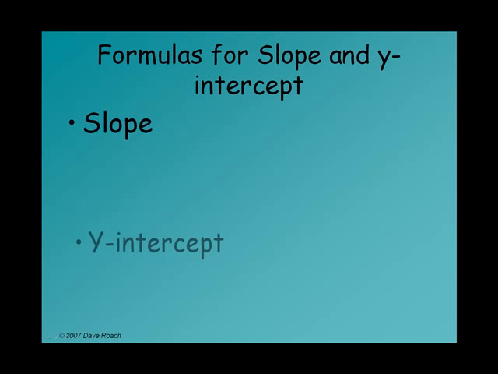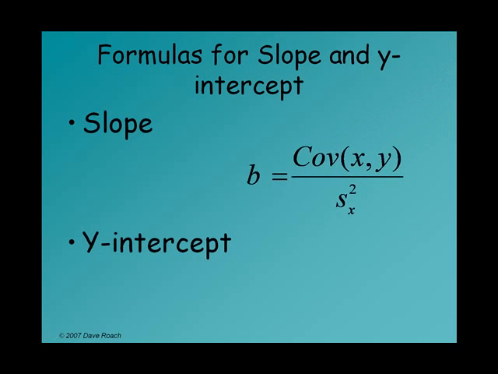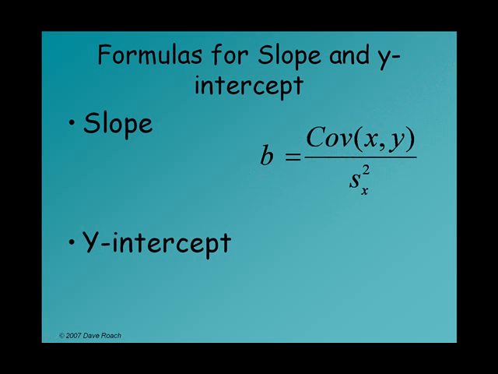So now we're going to calculate the slope and the y-intercept. The slope, b, is equal to the covariance of x and y divided by the variance for x. And the y-intercept, a, is equal to y bar, the mean of y, minus the slope, which we just calculated, times x bar.